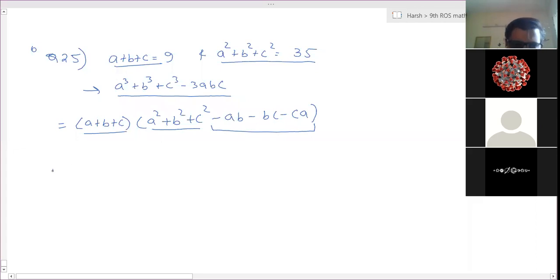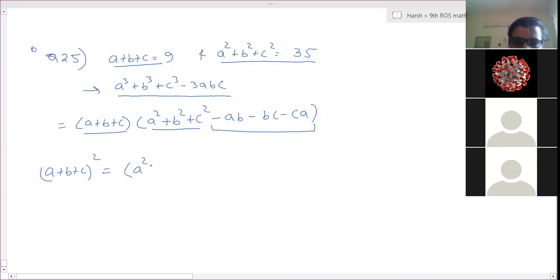If I recollect, what was the formula? Anyone? A plus B plus C whole square is A square plus B square plus C square plus 2AB plus 2BC plus 2CA.